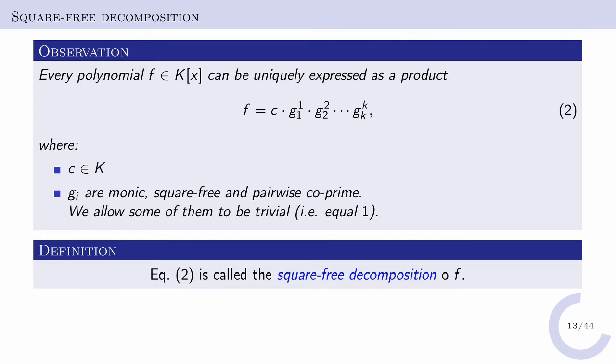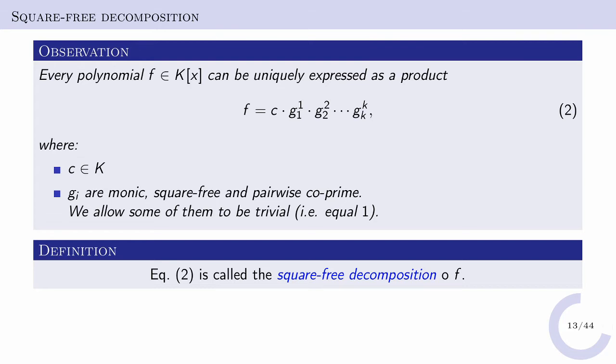Of course, we define this square-free decomposition using the full factorization of f. But the important point is that in order to compute this square-free decomposition, we do not need the full factorization of f. This is a big difference between the integers and the polynomials.